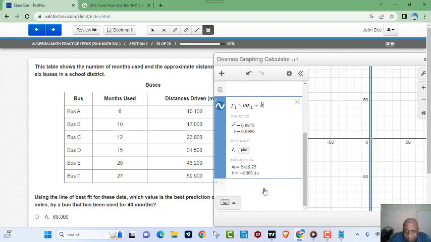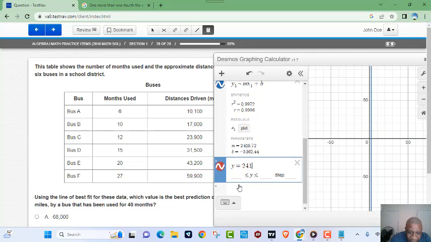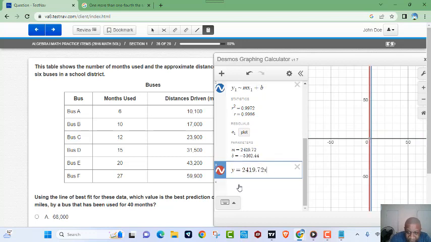So now, if we plug in that line of best fit here in our next line, y equals 2,419.72x minus 5,362.44.